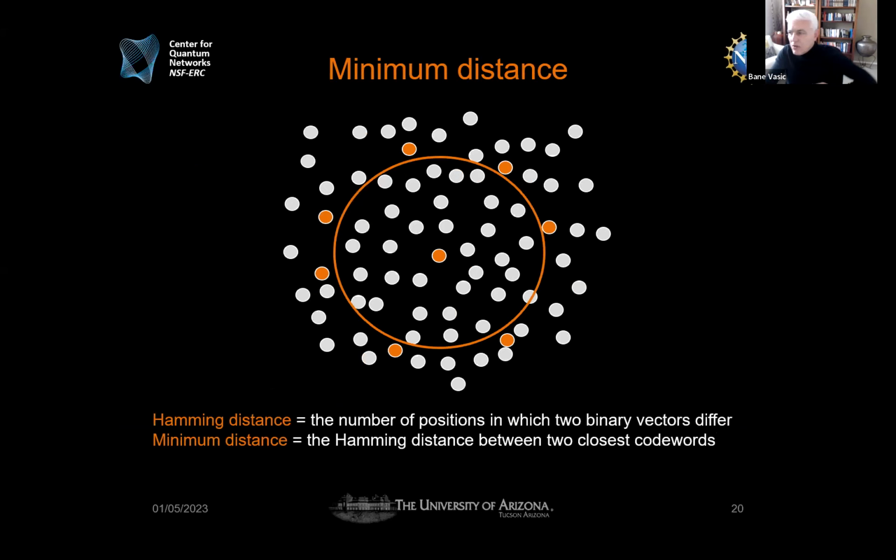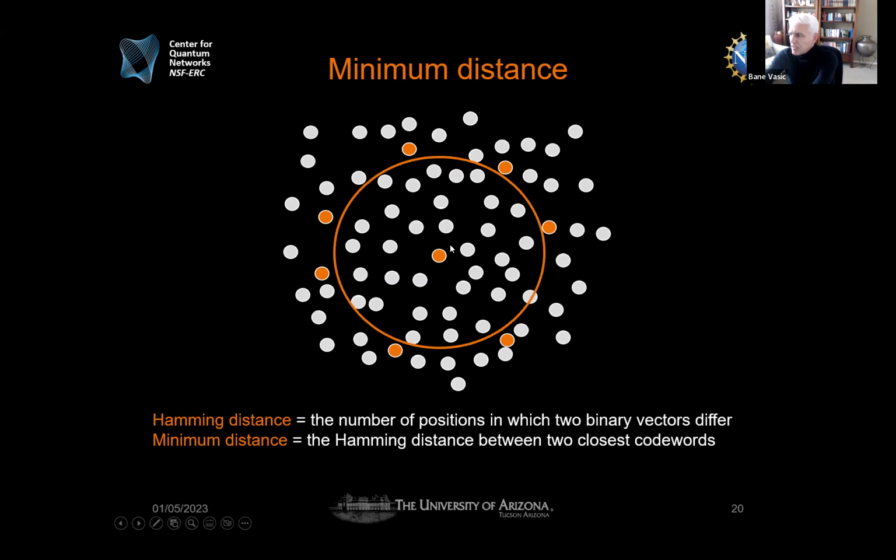Okay, so let's continue. With this geometric interpretation of a code, let's imagine that these are code words in this vector space, and let's say that these white circles are some other vectors. Obviously, I would like these code words to be not very similar.